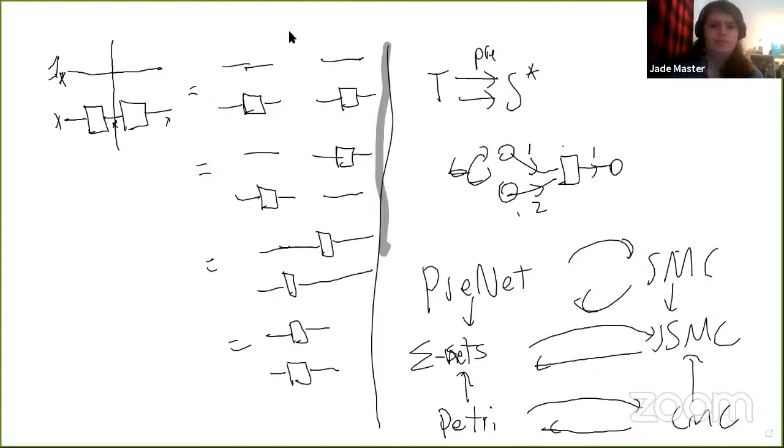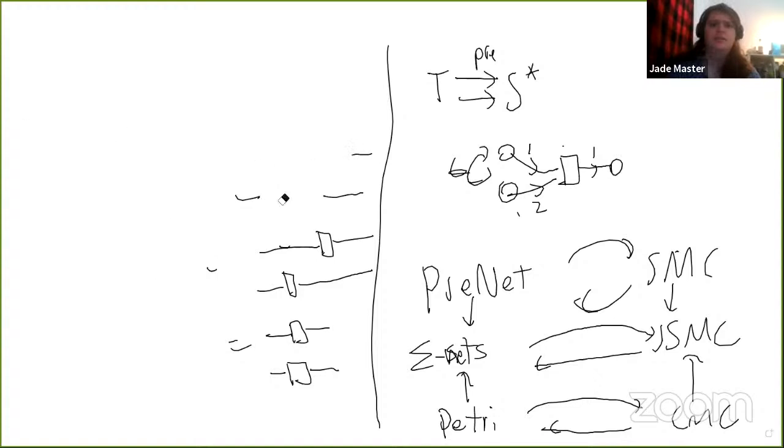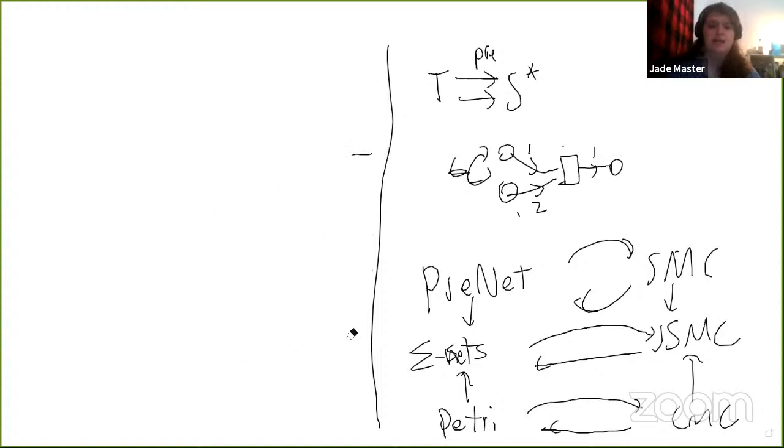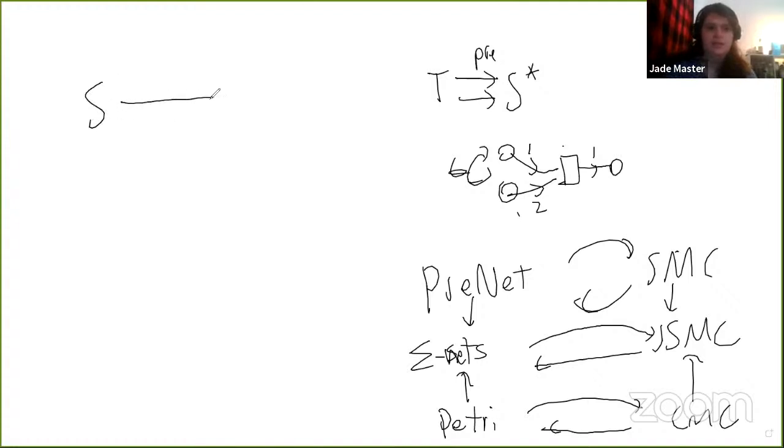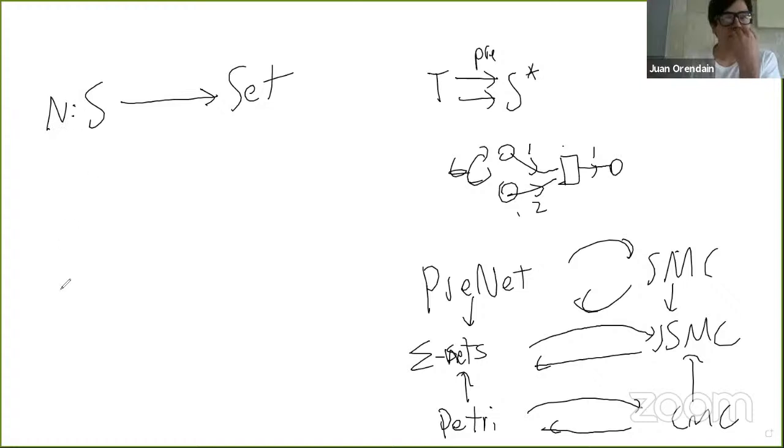Right, so I don't think they're really related. They might be actually. I haven't really thought about it. What's a network model? It's a functor from the symmetric groupoid to Set. Is that right? I think so. Yeah. Okay.